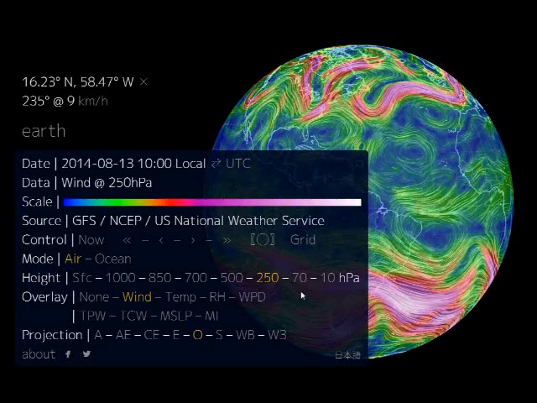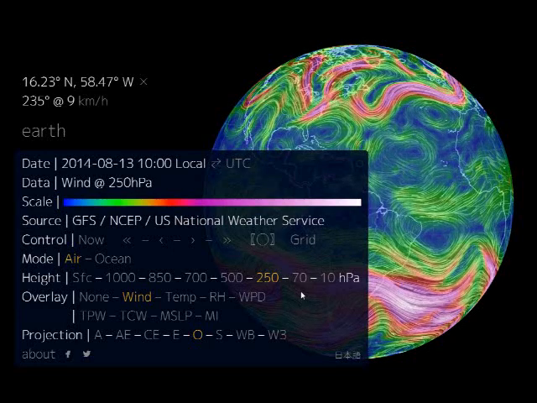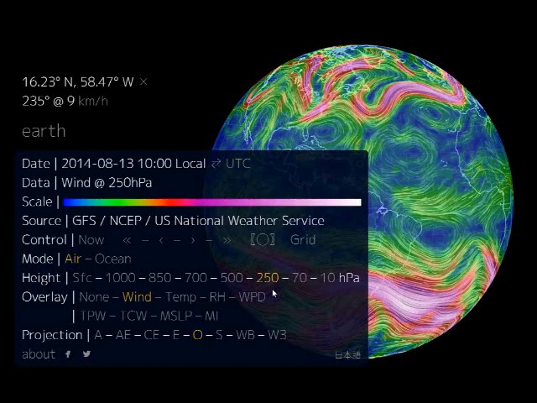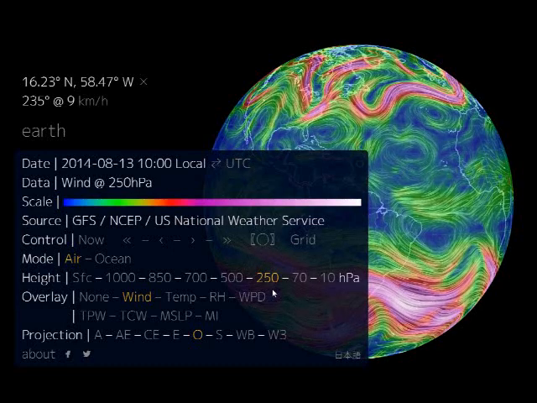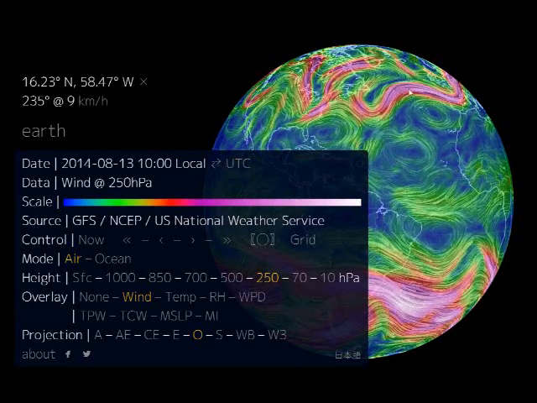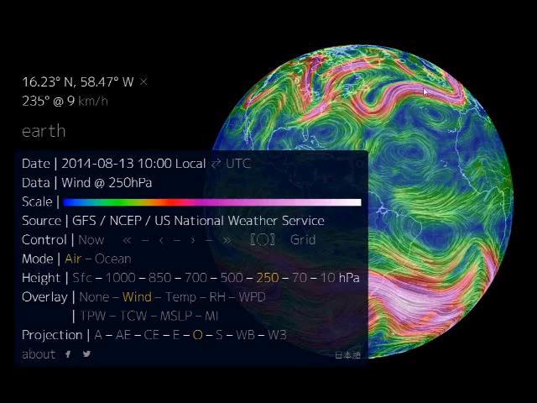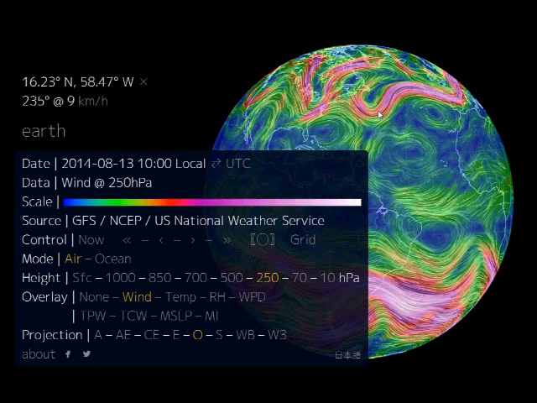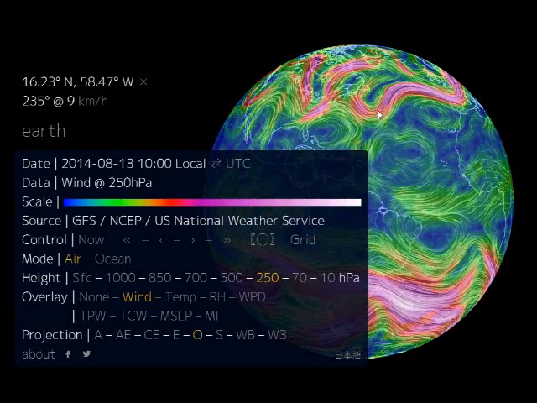So what we're looking at behind the data here, first of all, I've set it at 250, and the reason is that the jet streams, which we can see in the background, those very dark purply coloured bands, are usually at an altitude of 7 to 12 kilometres.